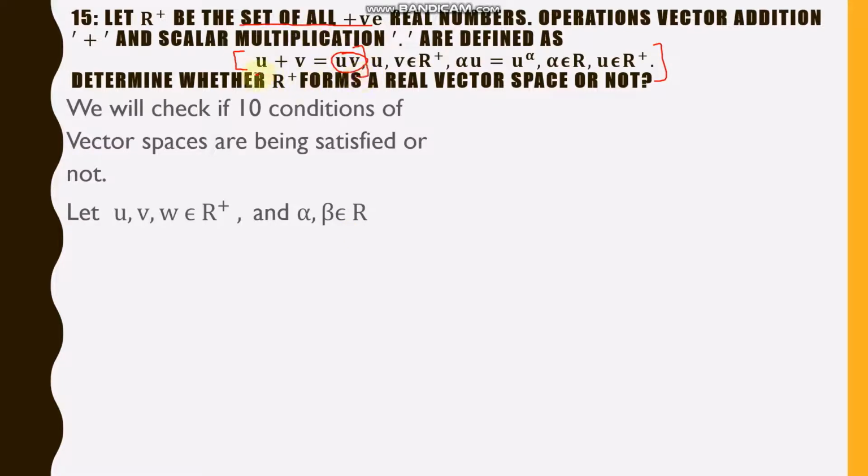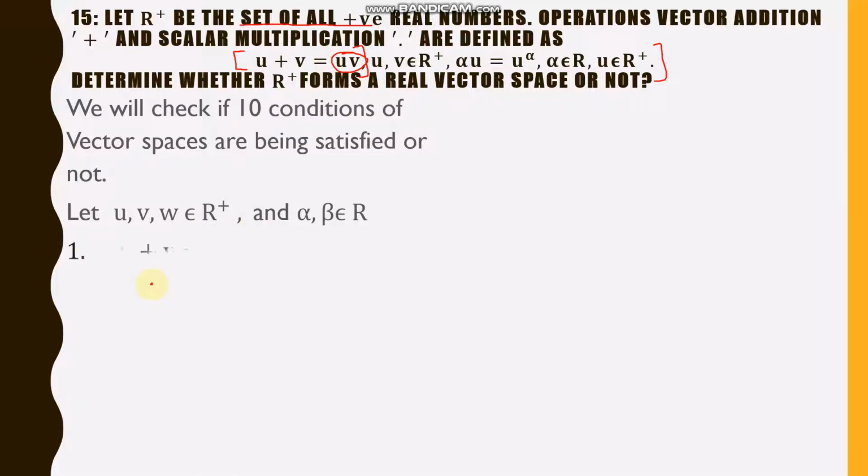We will check 5 conditions of addition. So first is that it should be closed. The addition should be closed. So if you take two vectors, two positive real numbers, and you add them by this operation, here addition means to multiply. So when you add two positive real numbers, what you get is a positive real number, right?